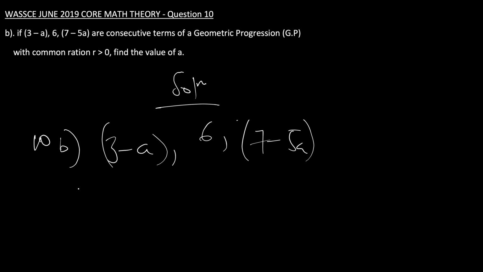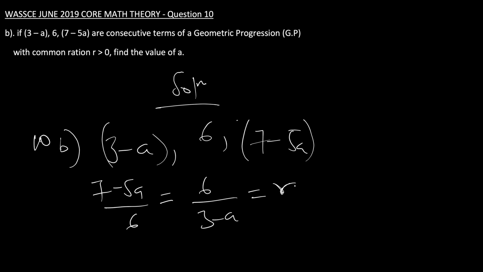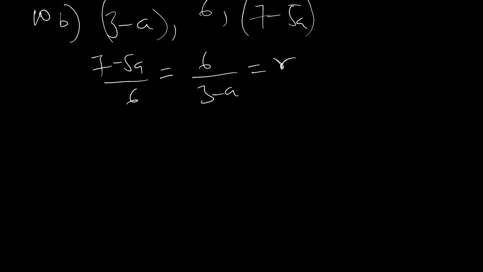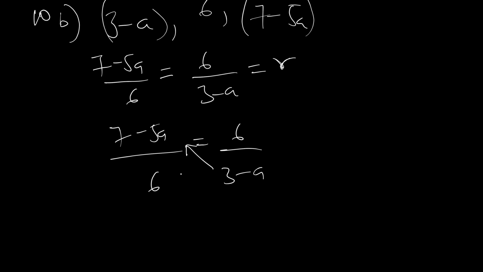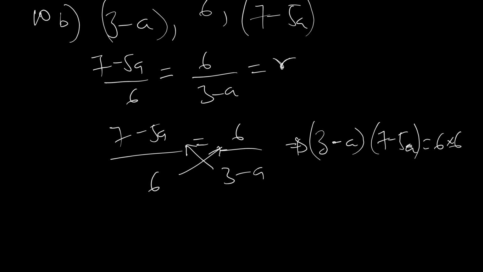So for all geometric progressions, we have a common ratio. So we know that 7 minus 5A over 6 should be equal to 6 over 3 minus A, and this is our common ratio, so this is our R. Now when we cross multiply, we get 3 minus a multiplying 7 minus 5a equals 6 times 6.